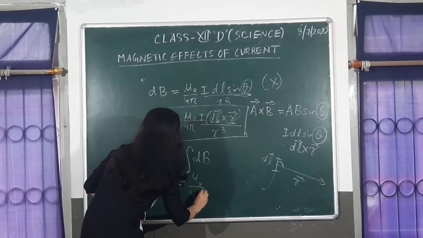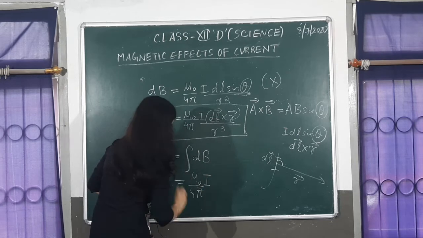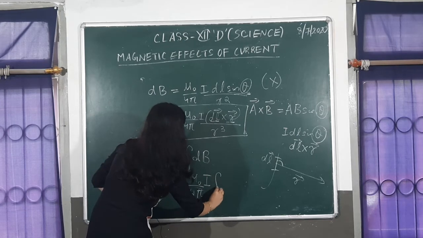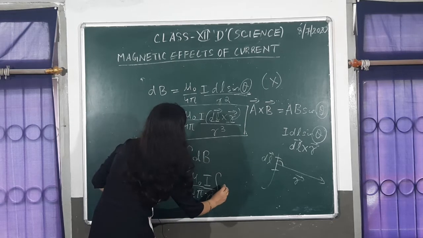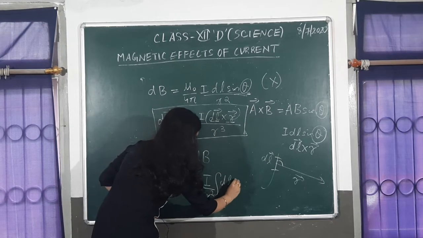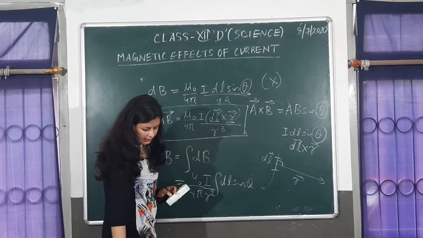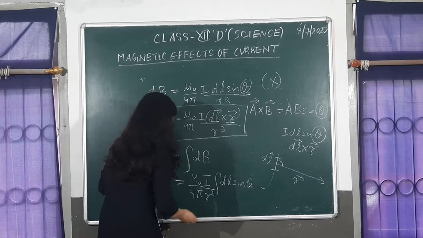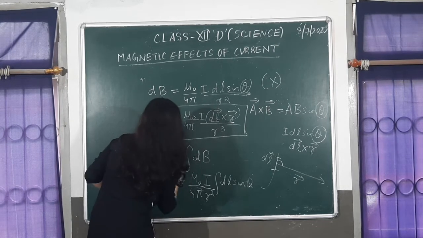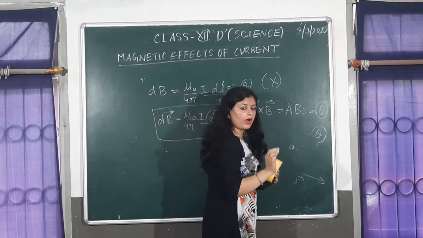You need not integrate this because it is a constant. Current also will be a constant for a given wire. So r square also will be a constant. Integration dl sine theta. This is how you find out the total magnetic field at a point P because of this entire length of the wire.